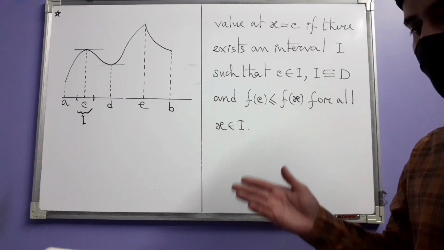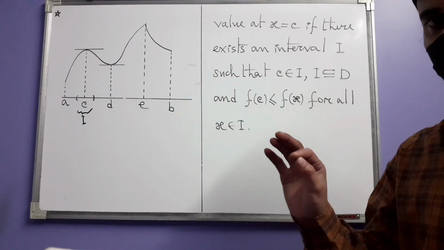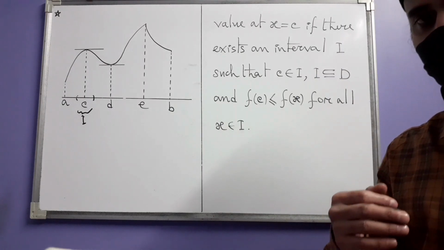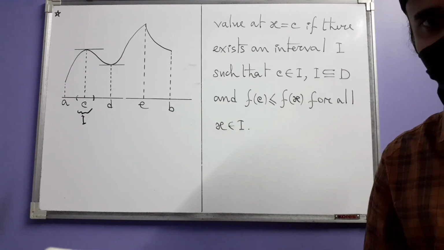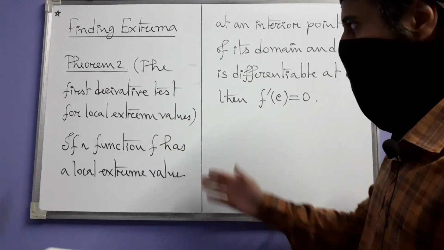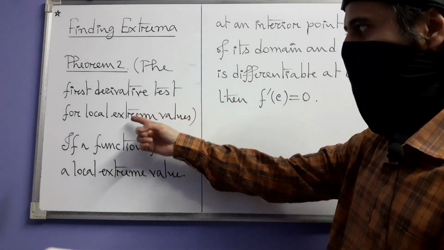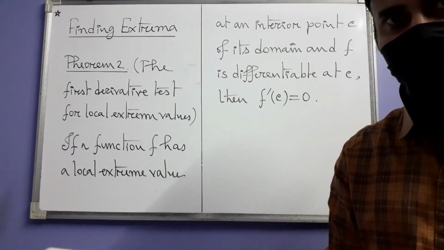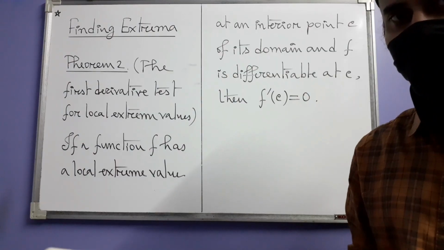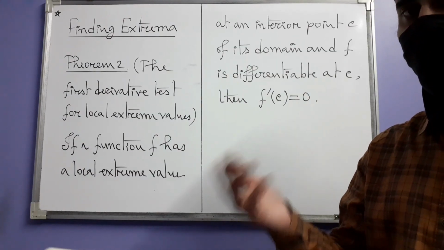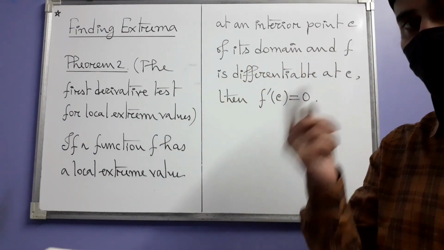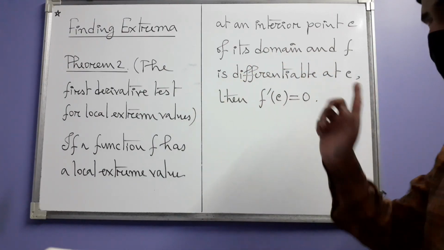And this gives us a result for recognizing points in an interval where a function can possibly have local extreme values. And that result is this, theorem 2, which has this name also, the first derivative test for local extreme values. Suppose you have a function f which has a local extreme value, that means a local maximum or a local minimum value at an interior point C of its domain, where additionally f is also differentiable.